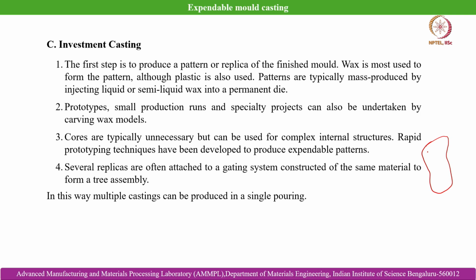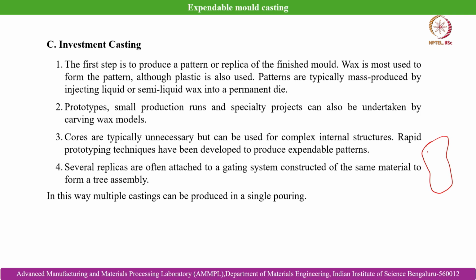However, we need to understand that there are some complex contoured shapes that cannot be manufactured by injection molding, or even if it is possible, it becomes extremely difficult to manufacture the tool itself, like in case of some micro features that are present in the pattern, which we need to have a replica in the form of the cast object. So there we can basically utilize the 3D printing technique to achieve these polymeric patterns and subsequent investment casting.